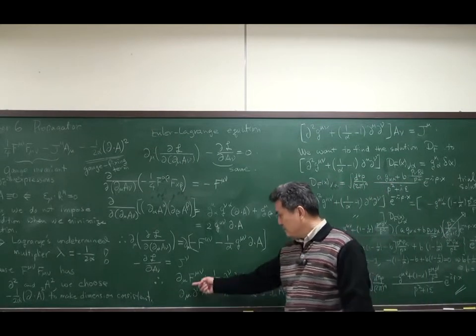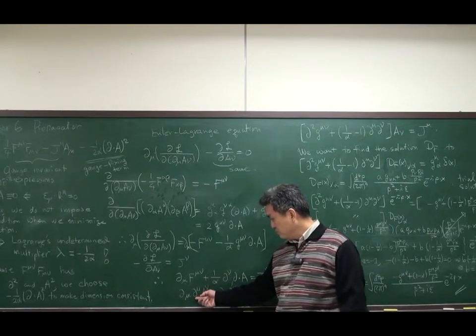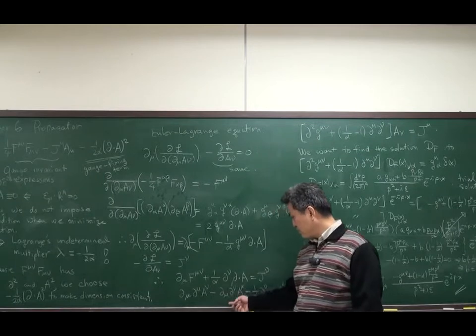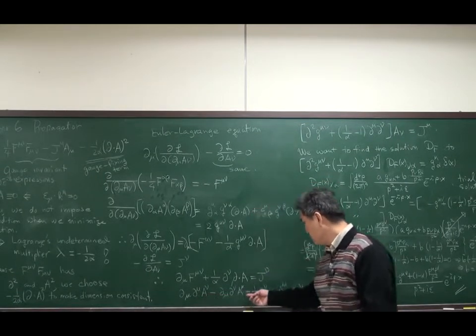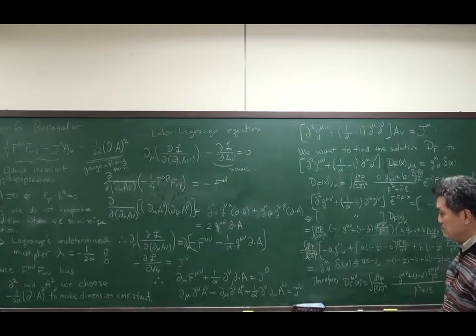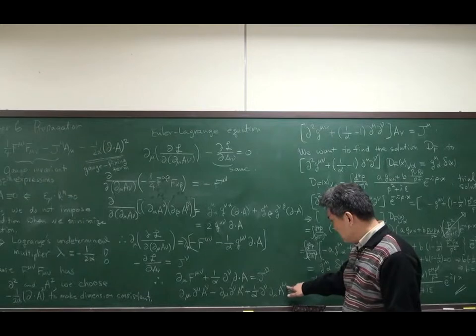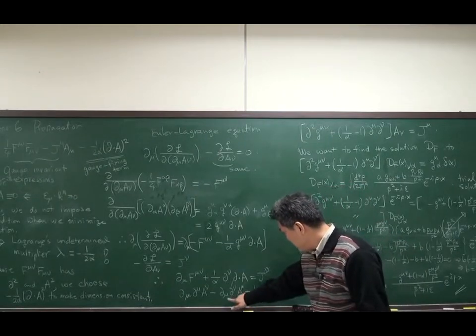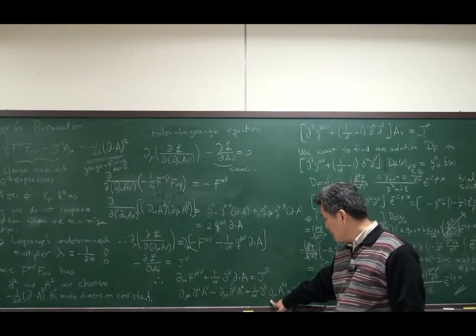Let us expand this field strength tensor, that is ∂_μ A_ν subtracted by ∂_ν A_μ. So this is the whole expression. Let's see, there is a divergence A and another divergence A, so these two terms can be combined.